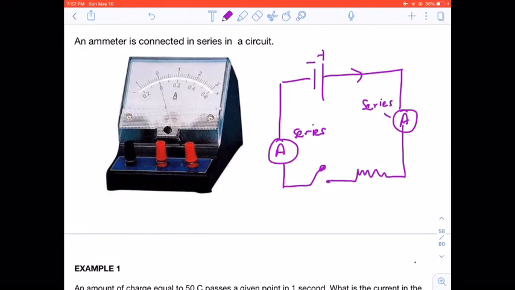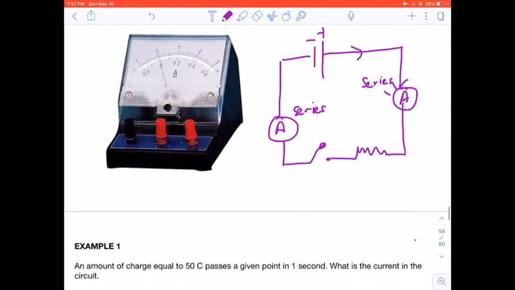We know that the ammeter has to be connected in series because the current moving through that path is measured by the ammeter. So ammeters have to be connected in series, and ammeters have very low resistance as compared to voltmeters.